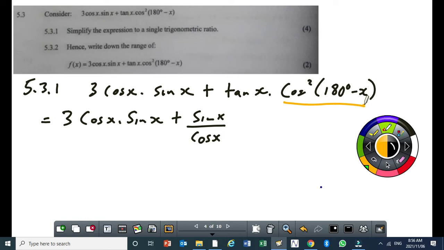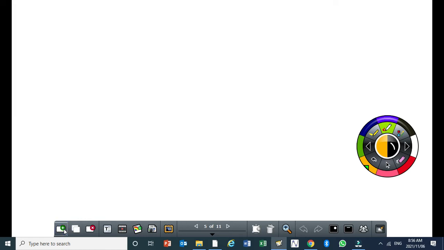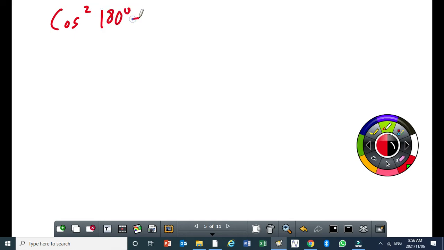Please allow me to take this to a new blank page so that I can dissect it a little bit. You do life science, I hope you know what dissecting is. Right, cos squared (180 degrees minus x). This is a grade 11 reduction.